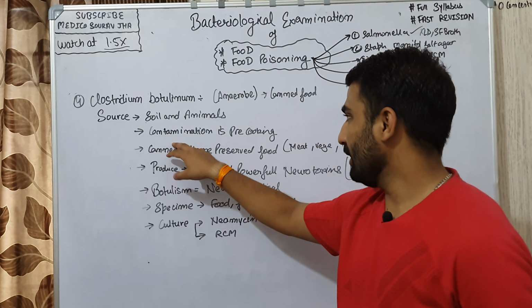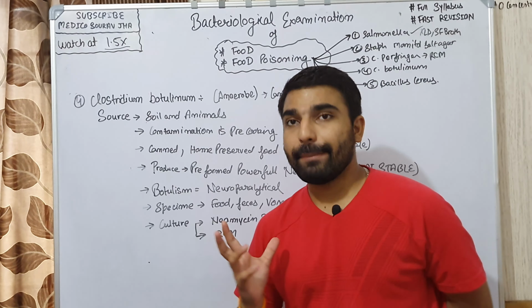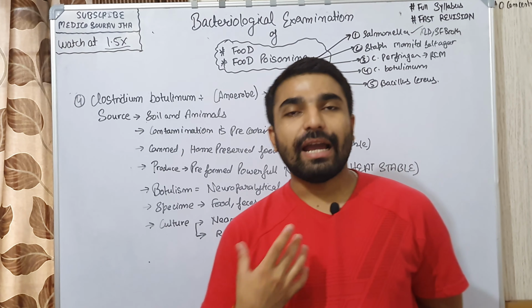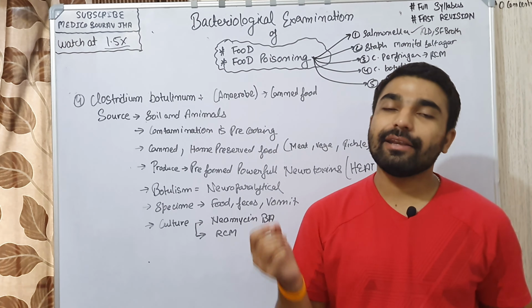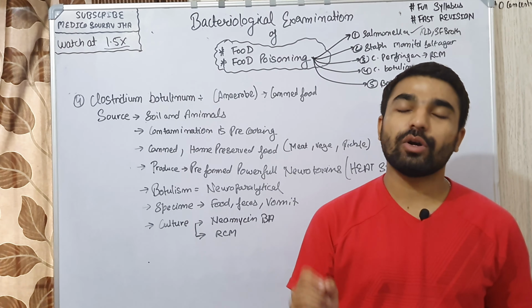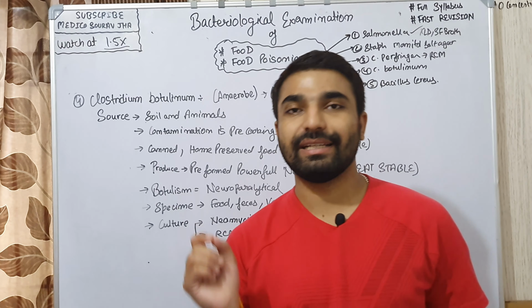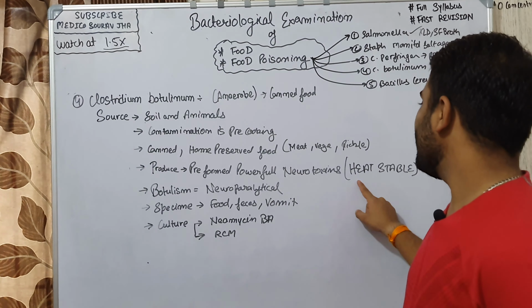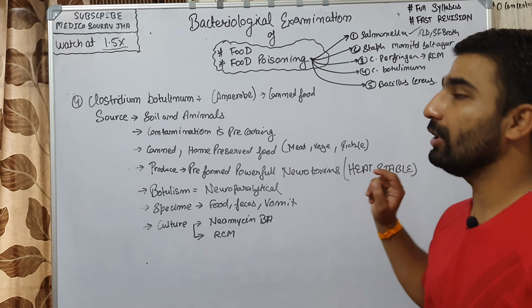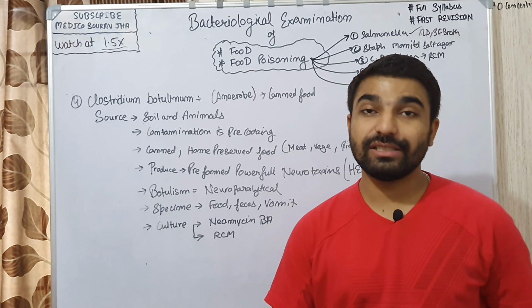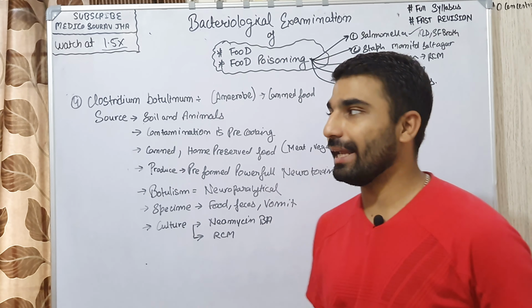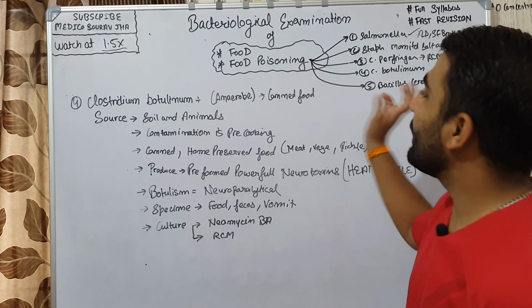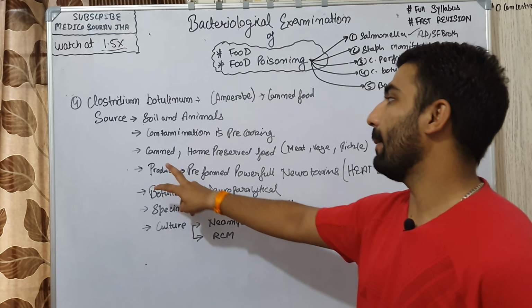Contamination is pre-cooking, because while cooking the heat cannot damage the toxin released by this bacteria. These toxins are heat stable.